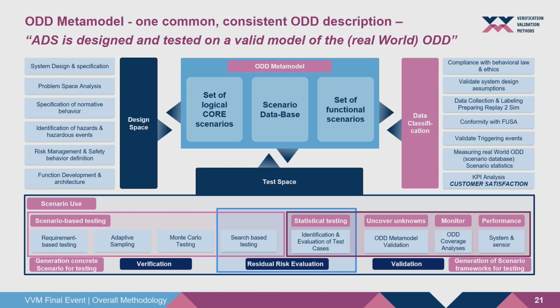And the next task is to see if we find something that we haven't thought about, a new scenario, a new parameter that we didn't realize, to be sure that our ODD meta model covers as well as it can the concrete ODD, and that we can say we developed, validated and verified at a valid coverage of the real world.